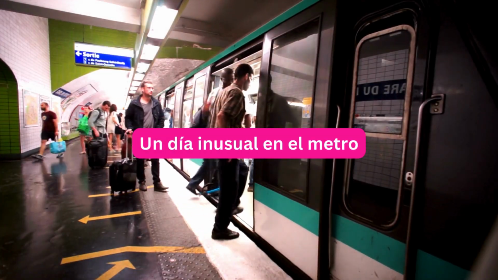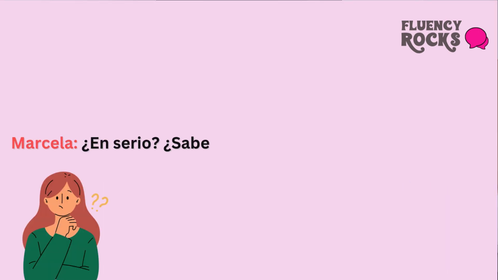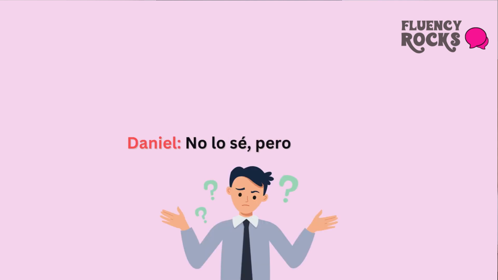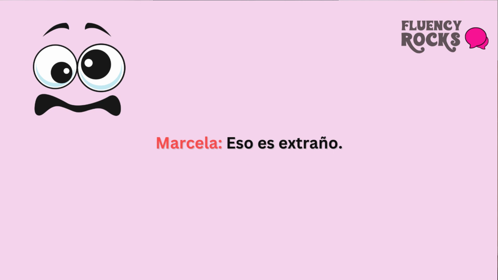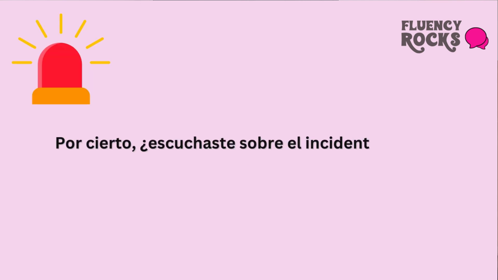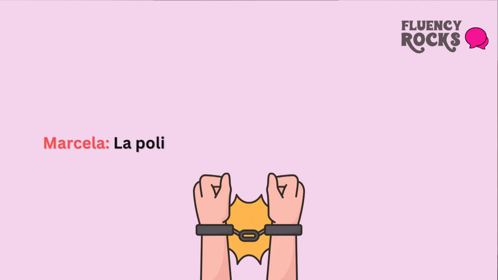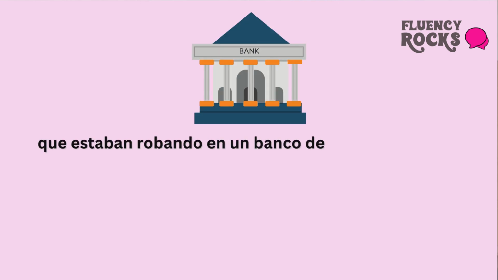Un día inusual en el metro. ¿Sabes? Hoy el metro no paró en la estación. ¿En serio? ¿Sabes por qué no se detuvo esta vez ahí? No lo sé, pero creo que por alguna razón dejó de seguir esa ruta. Eso es extraño. Por cierto, ¿escuchaste sobre el incidente de hoy? ¿Cuál incidente? La policía detuvo a una mujer y a un hombre que estaban robando en un banco de la calle principal.